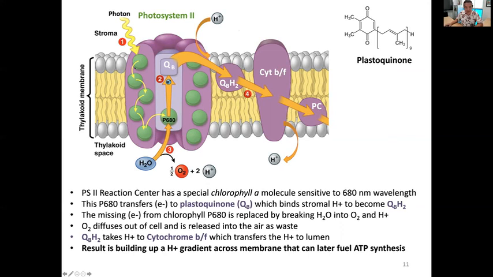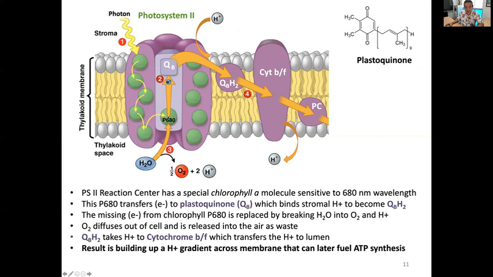The resonance energy will then move through the different chlorophyll molecules, just like the way we had those solar dishes focusing the energy. In this case, they're focusing the energy onto this special reactive chlorophyll that we call the P680 chlorophyll, because it is most sensitive to energy from 680 nanometer wavelengths.